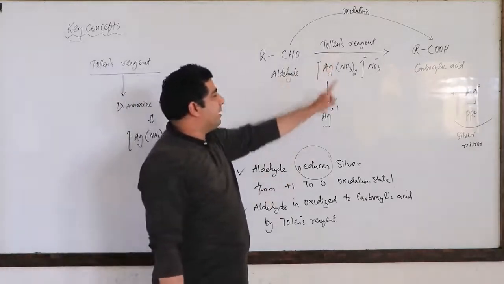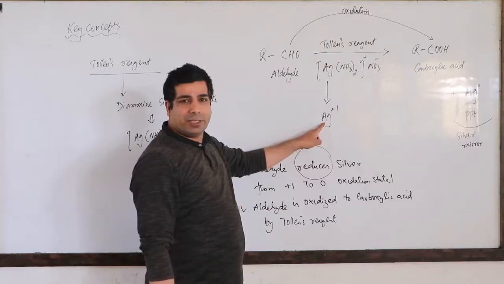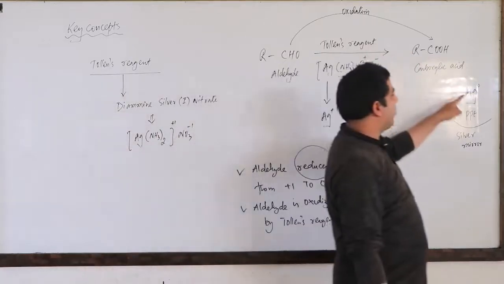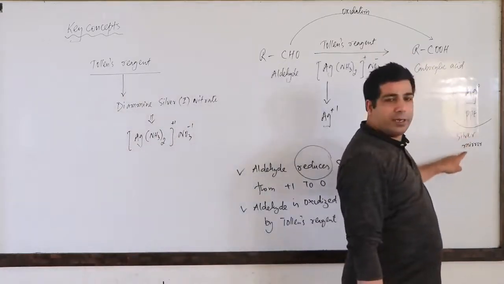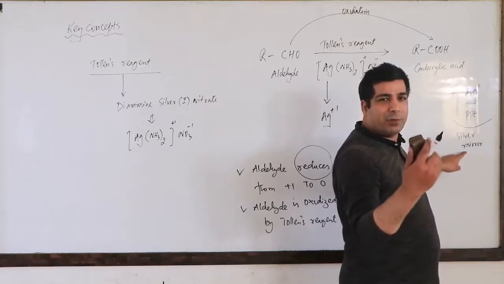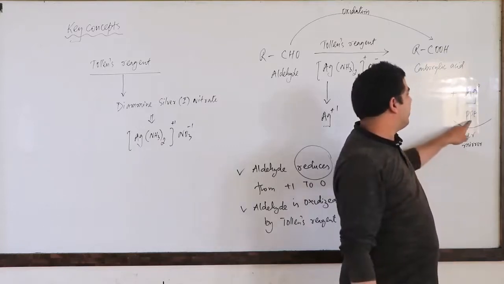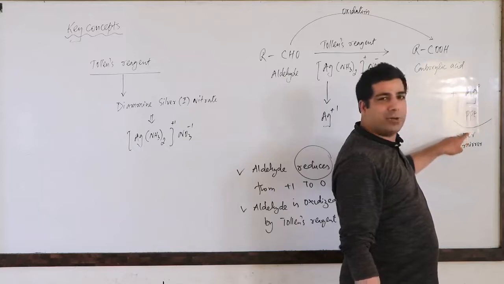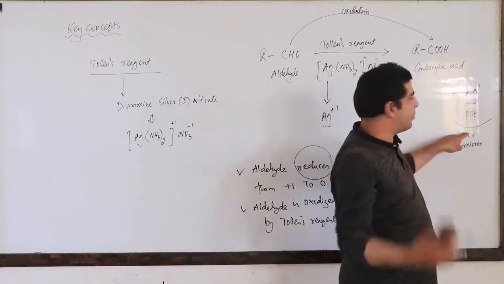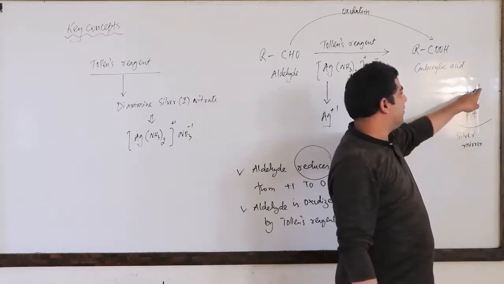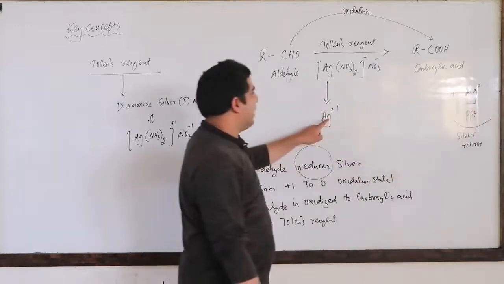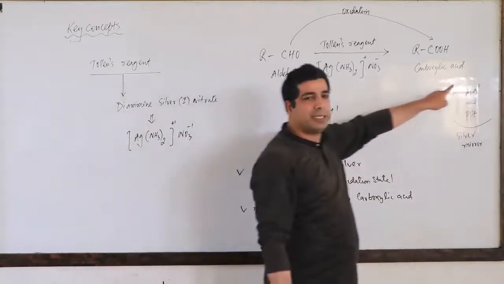From Tollens reagent I am taking silver, which is in +1 state, and from the product side I am getting a silver mirror which forms the inner lining of the test tube. Okay, that's a precipitate. It settles down onto the inner surface of the test tube. Oxidation state of the silver is 0. So silver has gone from +1 state to 0.